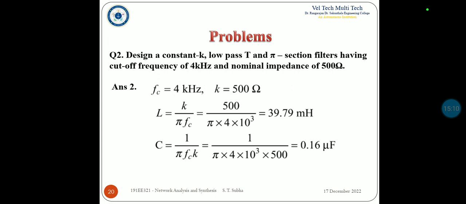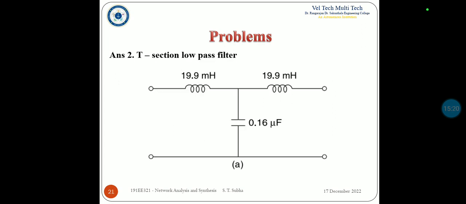Substituting the values for K and Fc, we can obtain L is equal to 39.79 millihenry. Capacitance value will be equal to 0.16 microfarad. And we can draw the T-section low pass filter by having the inductance value.